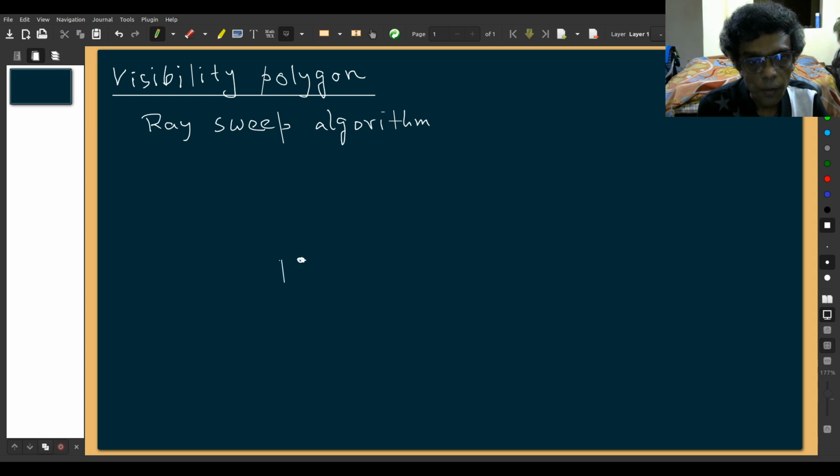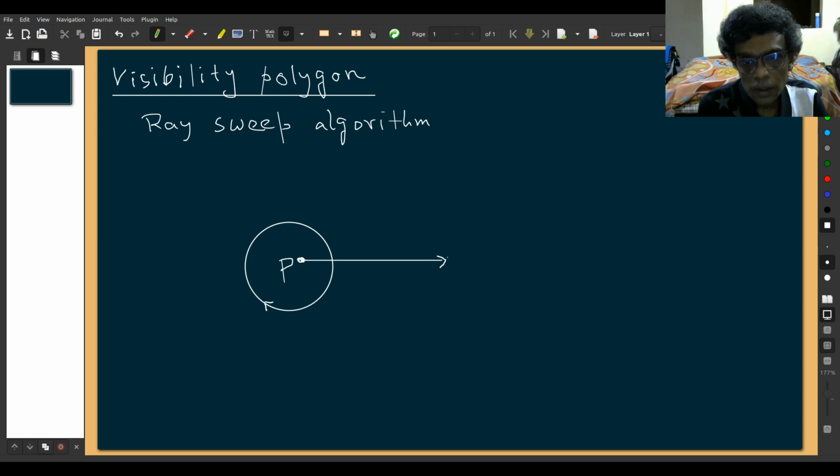Let us think of a point P and a ray emanating from P. This ray starts maybe in the horizontal position towards right and makes a complete rotation by 360 degree. So, this may be the direction of rotation. Of course, it can be in the other direction also.